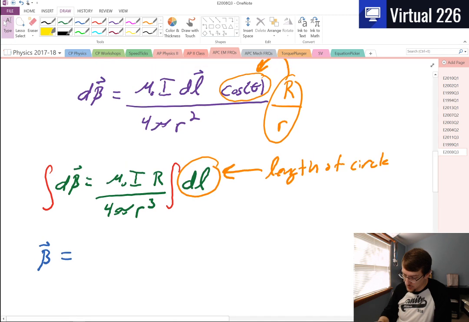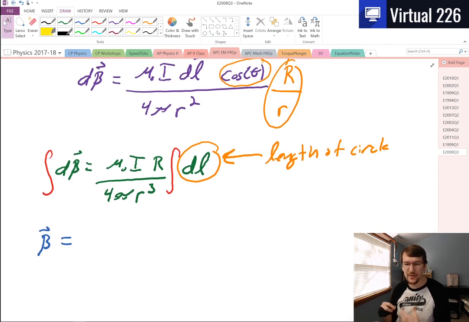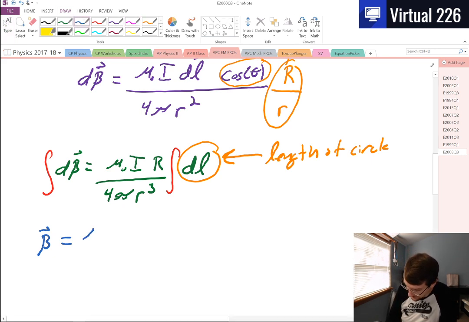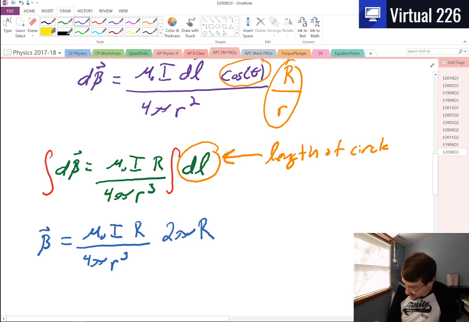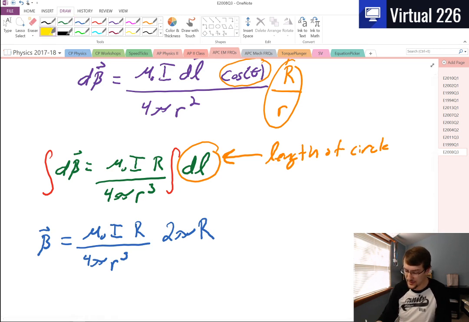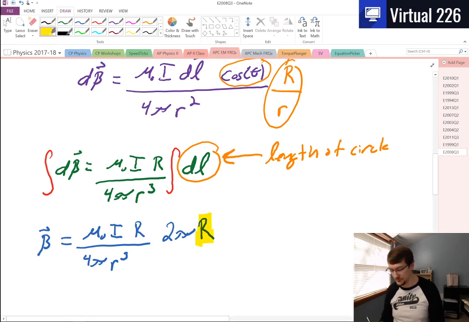So what we're able to quickly say here, without having to do a lot of the tedious calculus, is that B is going to equal mu naught I R over 4 pi r cubed times 2 pi R. And it's big R here because that's the actual radius of the circle. Okay, so that's why we have a big R there.